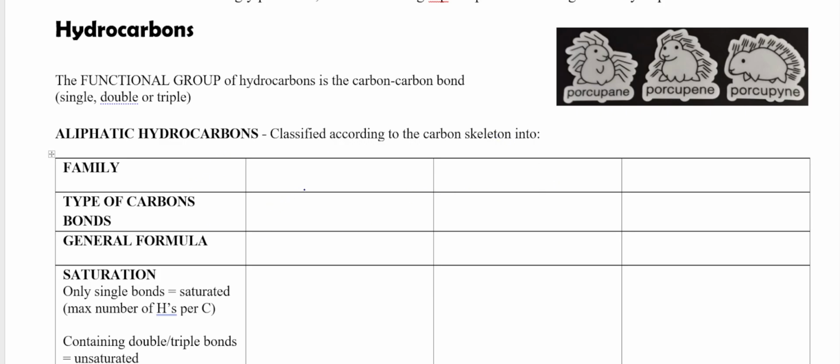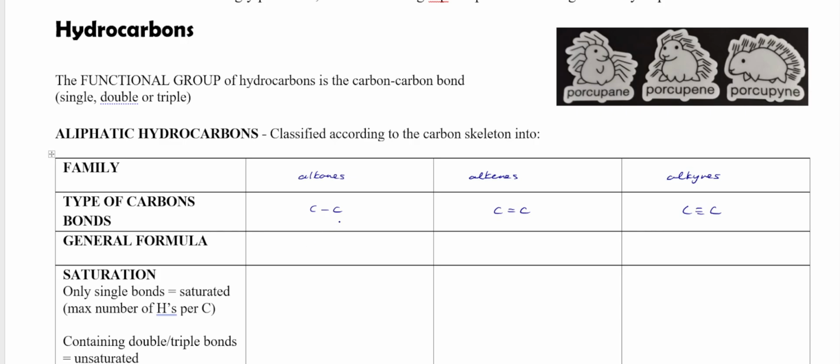So the 3 families that we have for aliphatic hydrocarbons are alkanes, alkenes, and alkynes. And so alkanes are single bonded carbons, alkenes are double bonded carbons, and alkynes are triple bonded carbons.